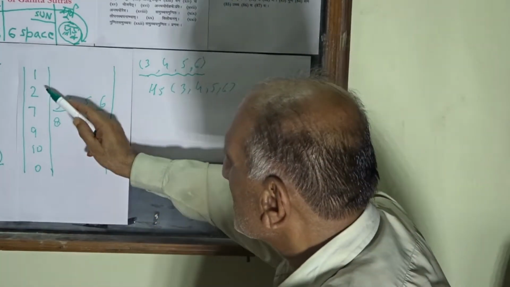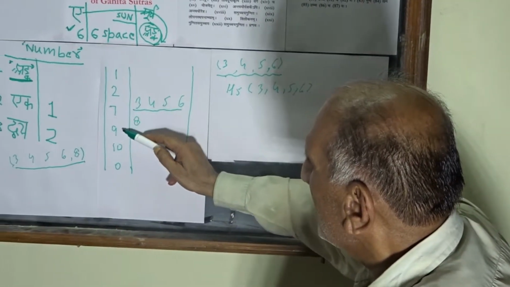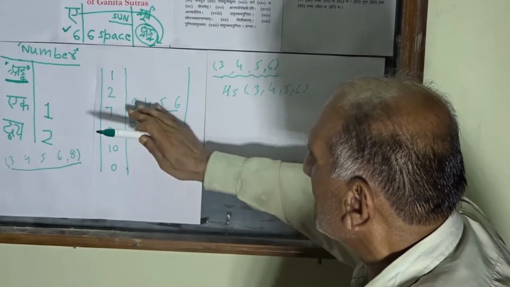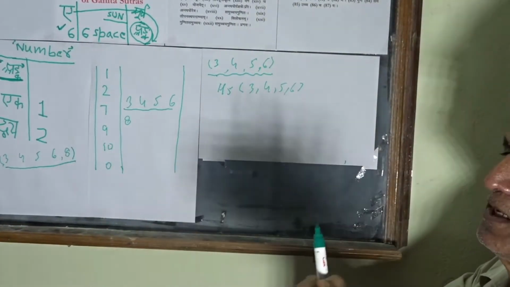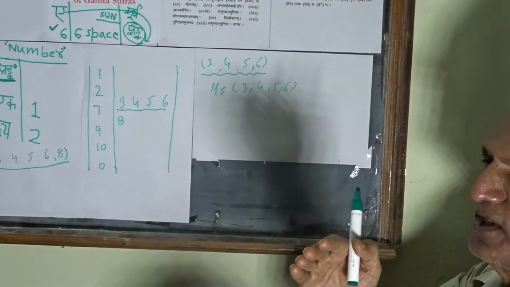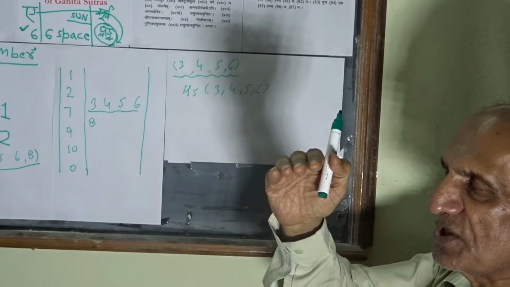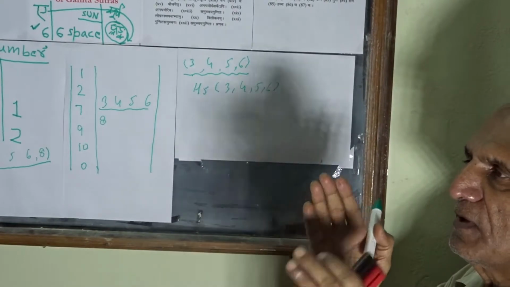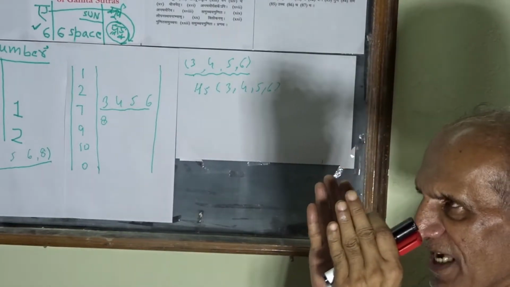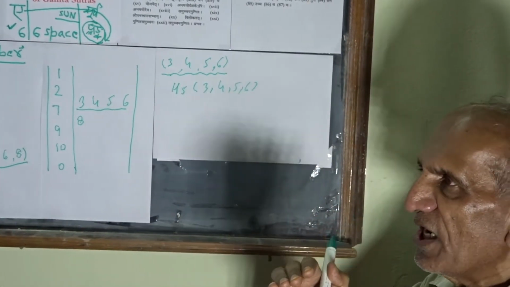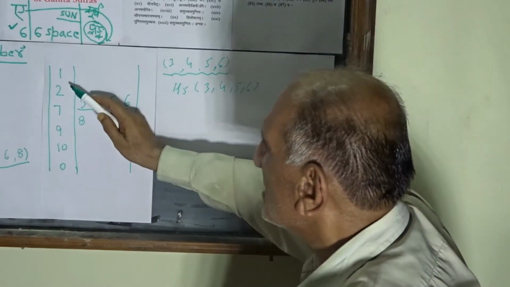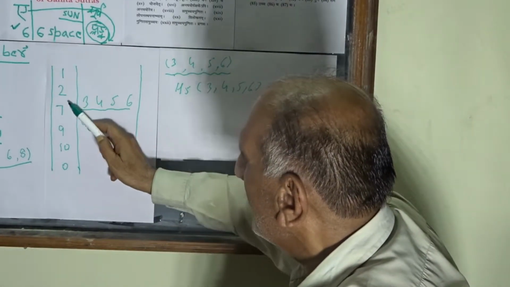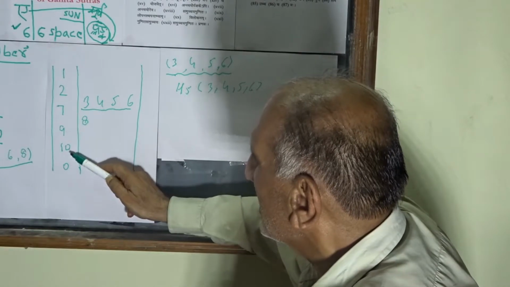These formulations ek, dvay, sapt, nav, das and shunyam are the formulations. So it will be a blissful exercise that we shall go through this text once more with a more intimate eye to locate these formulations ek, dvay, sapt, nav, das and shunyam.